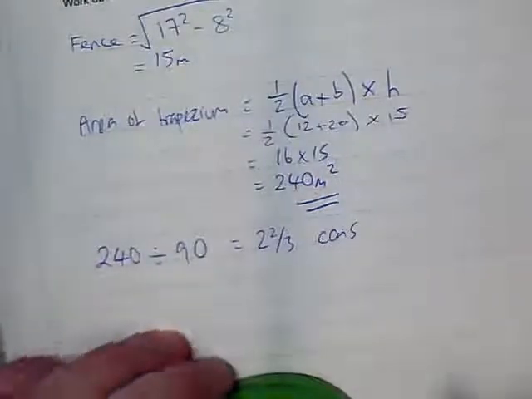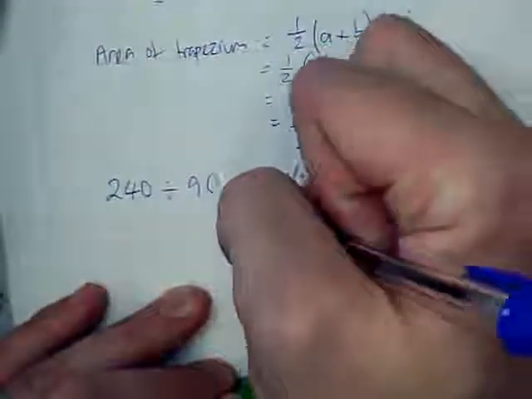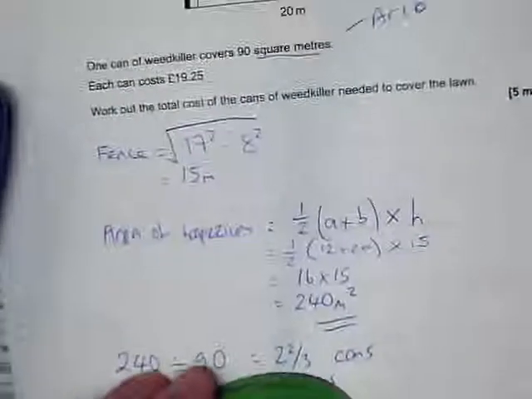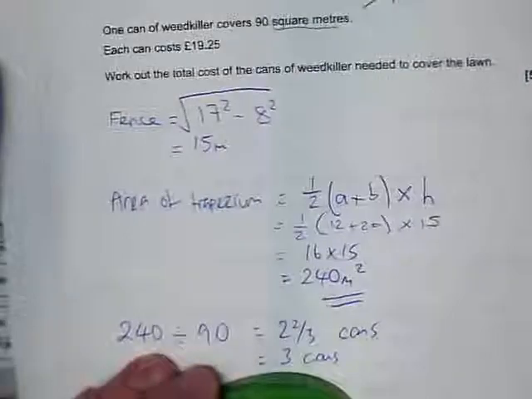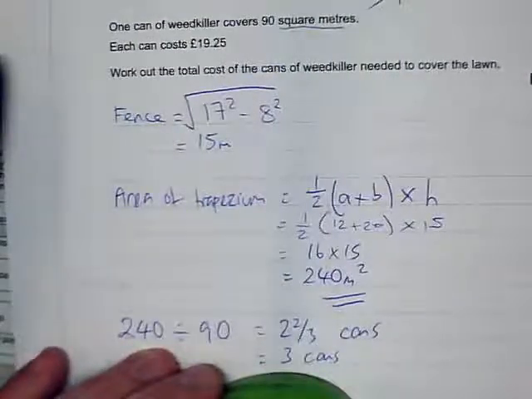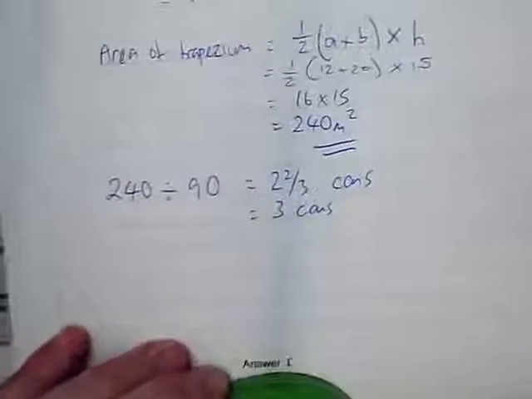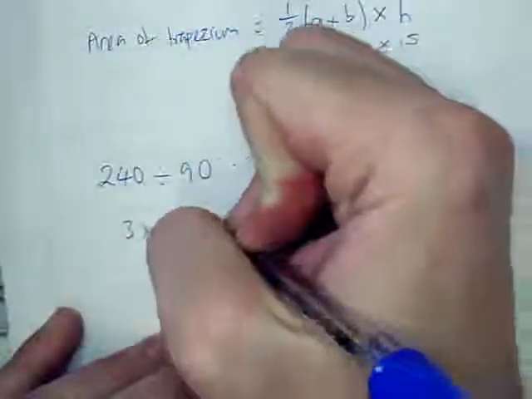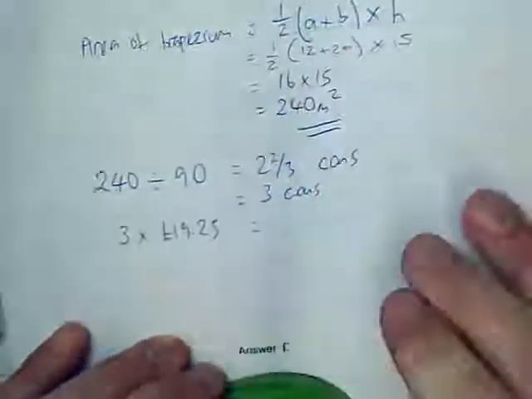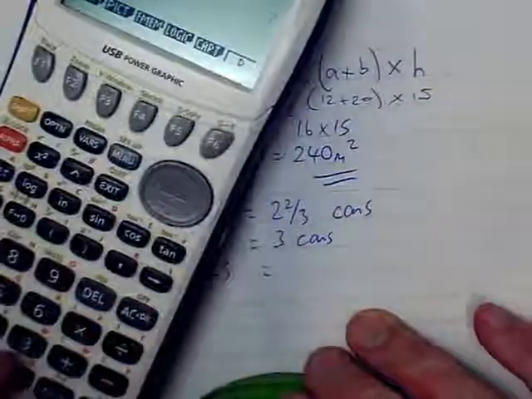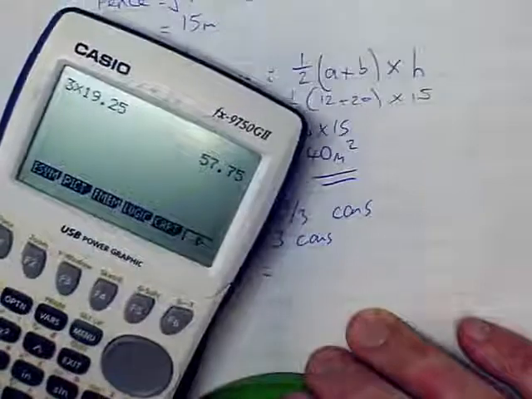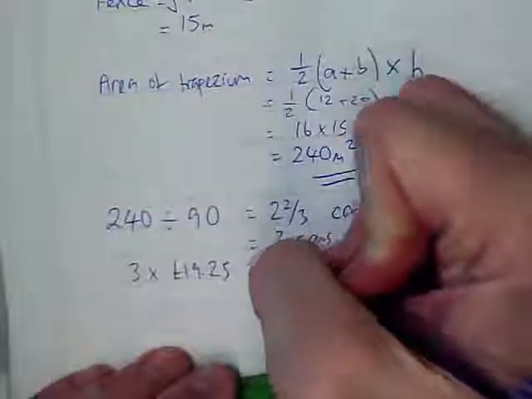And obviously I can't buy 2/3 of a can, so I need to round that up to 3 cans. So 1 can costs 19.25. Work out the total cost of cans needed. So I just need to do 3 lots of 19.25. And that gives me 57.75, which is the total cost.